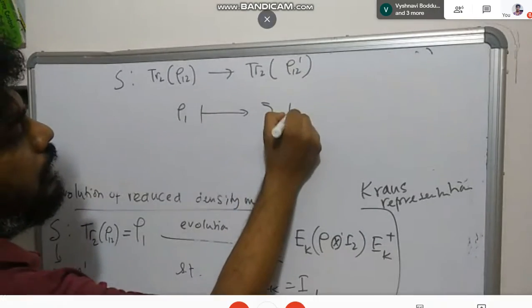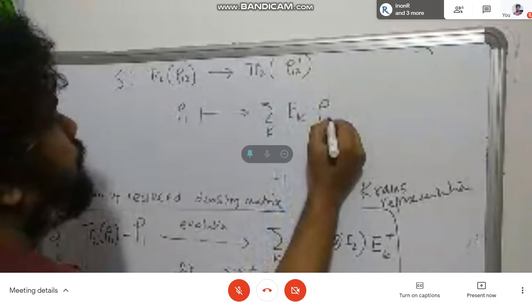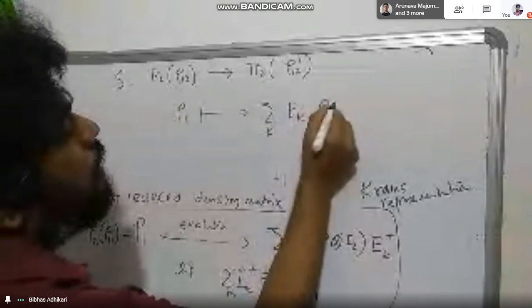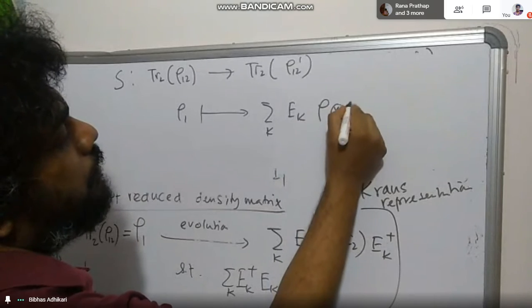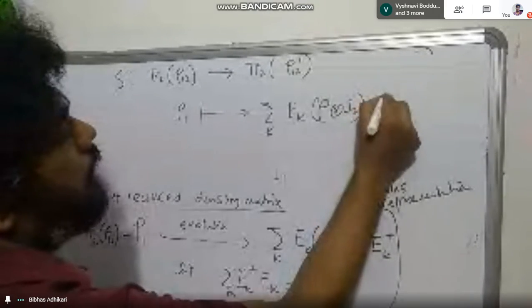the sum over k of E_k rho 1 E_k dagger. It is not exactly rho 1,2. This is actually this times I, times E_k plus.